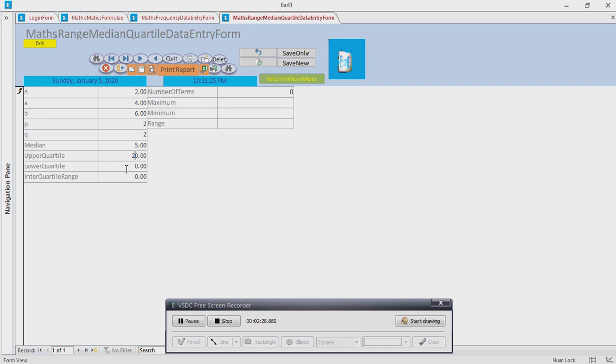If the upper quarter is 20 and the lower quarter is 5.